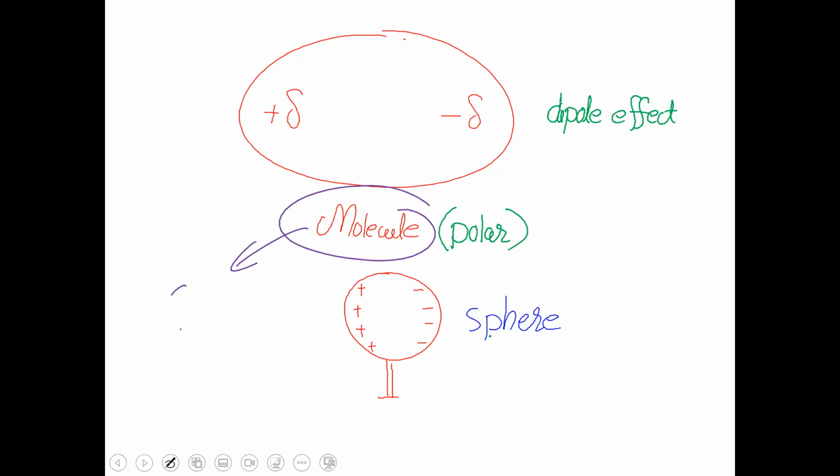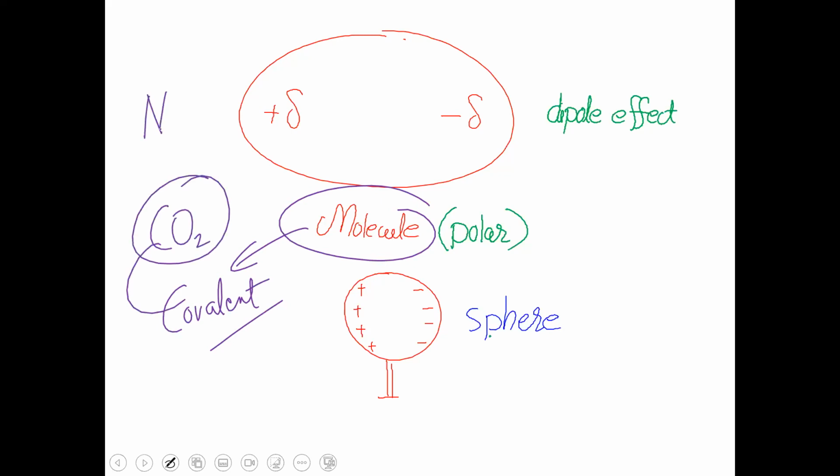The word molecule means it is covalent. You can say carbon dioxide is a molecule, but you can't say that sodium chloride is a molecule. Why? Because sodium chloride is an ionic compound.